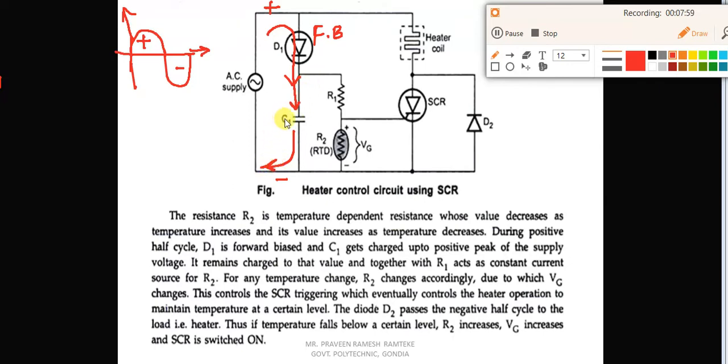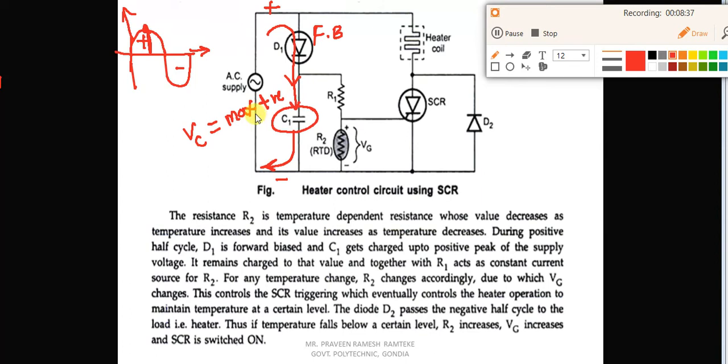The voltage across the capacitor is say VC, up to the maximum positive half cycle voltage. So this capacitor is going to hold the charge up to the positive peak of the AC input.